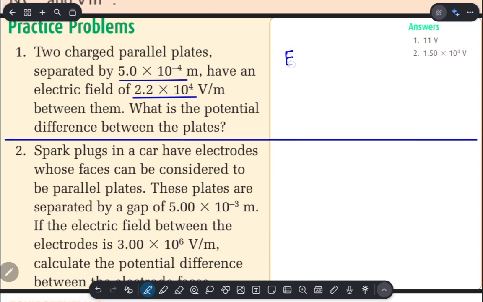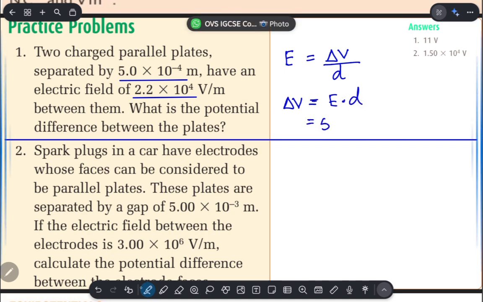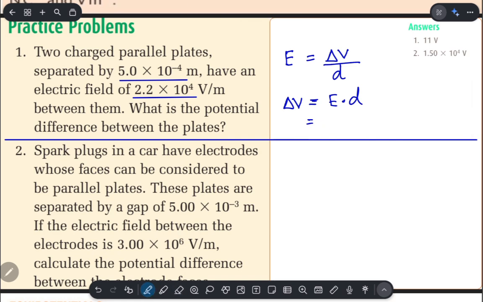If you know that electric field equals potential difference divided by distance, then potential difference equals E times D. The electric field strength is given as 2.2 times 10 to the power 4. Just plug in the values: 2.2 times 10 to the power 4 into 5.0 times 10 to the power minus 4. You will get 11 volts. This is the example's answer.